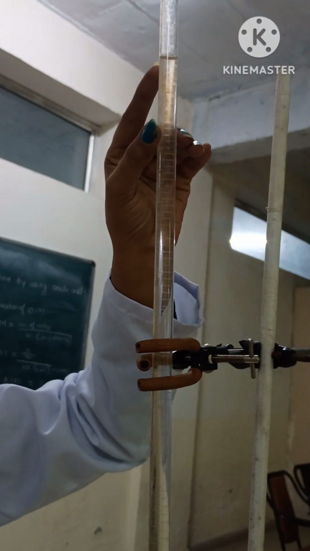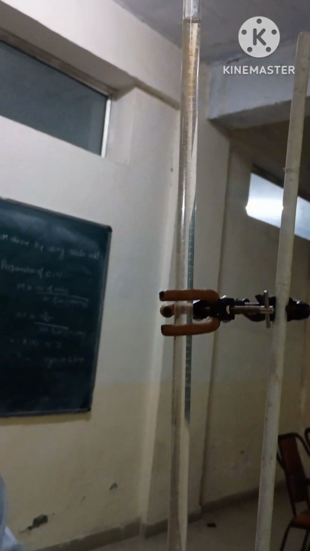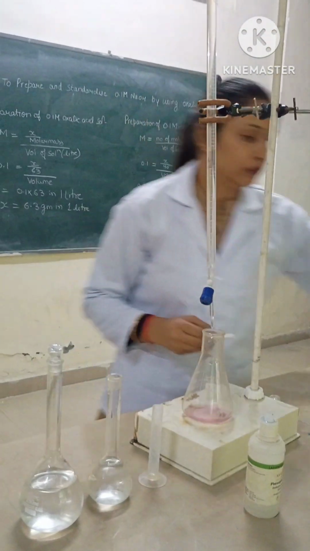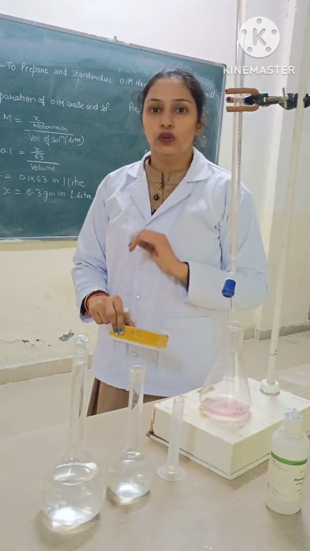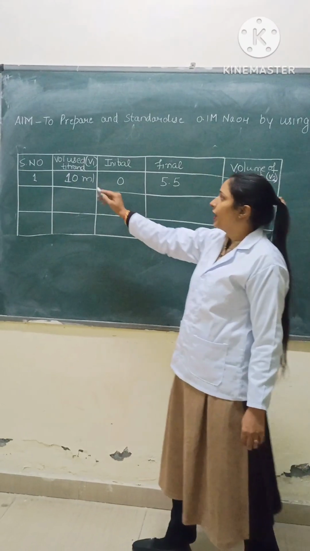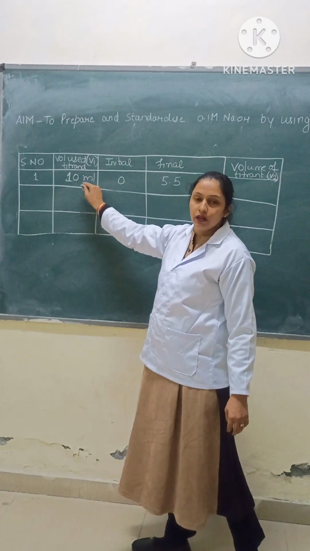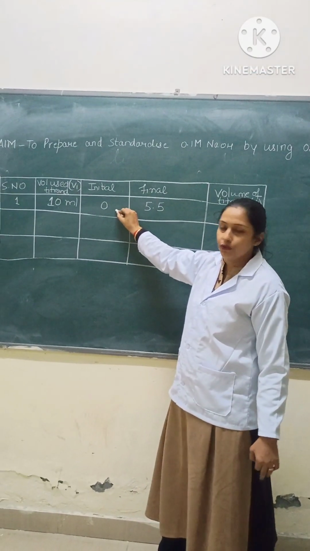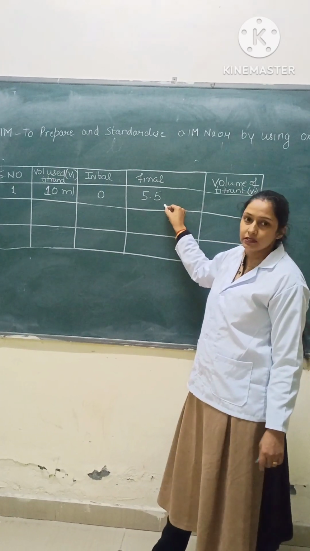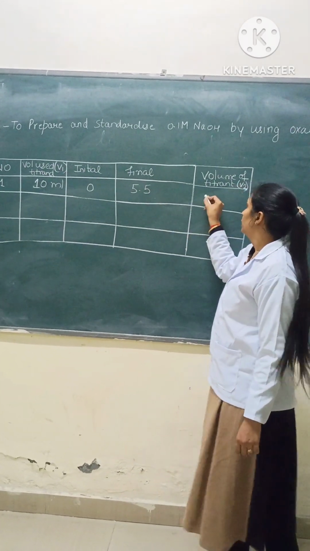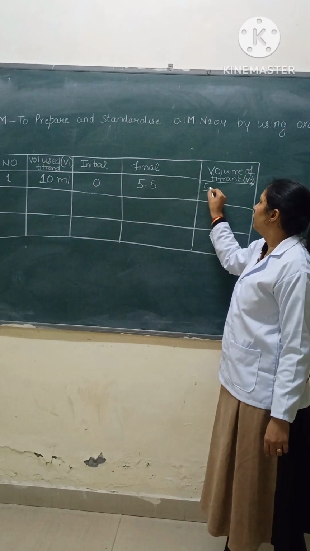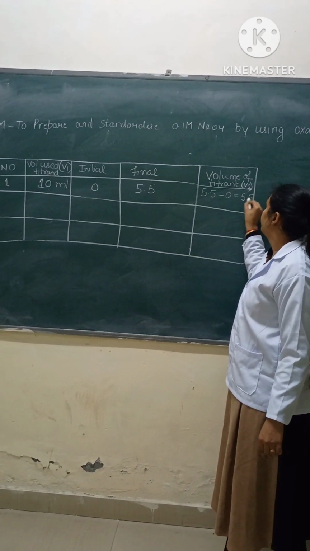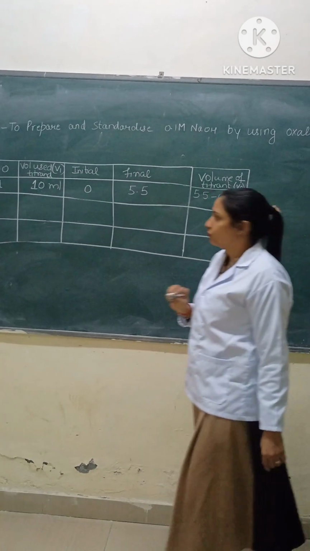We will note down this reading in the observation table. We have used 10 ml of oxalic acid and the initial reading in the burette was 0 and final is 5.5. So the volume of titrant is 5.5 minus 0, that is 5.5 ml used.